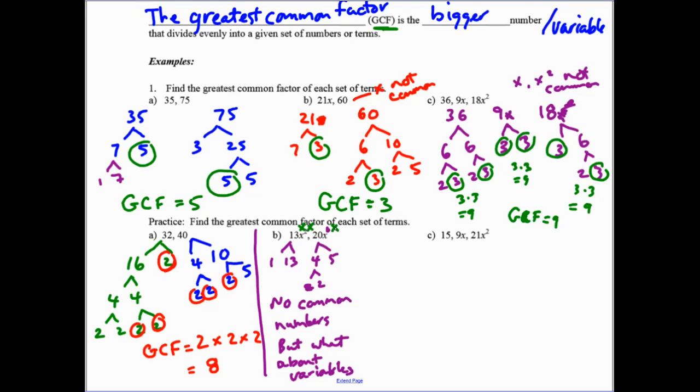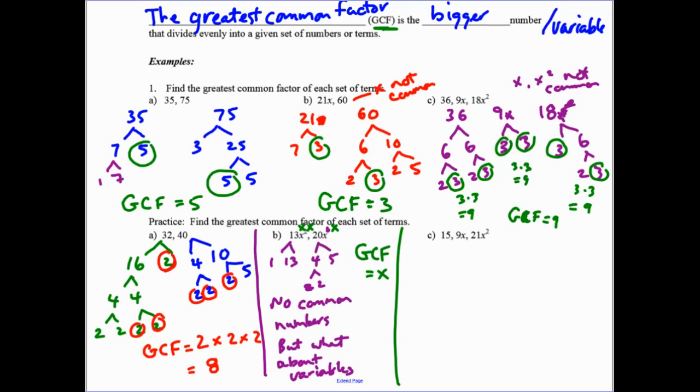So to the lowest degree, there's only one x, and there's 2 x's on here. So there's 1x here and 1x here, just like we did with the 2's. In the end, we saw 3 common 2's and 3 common 2's with a couple extras. Well, here we have a common and a common with an extra. So our greatest common factor then equals an x. That's all. So no numbers, just x. Or 1x if you really want to just say that.